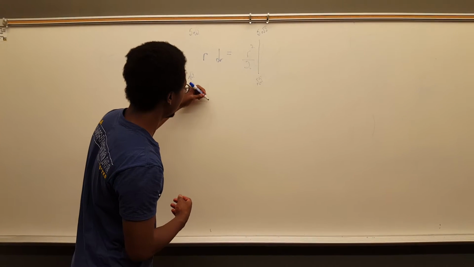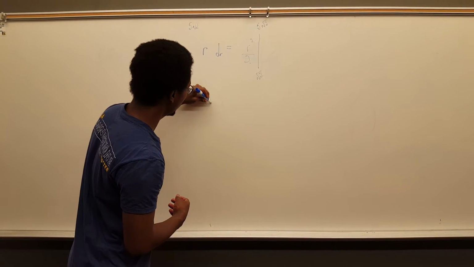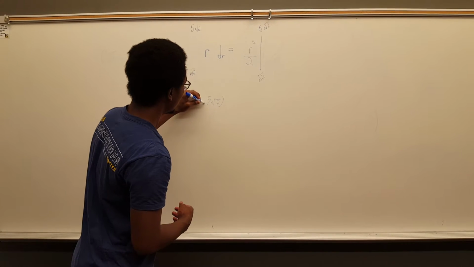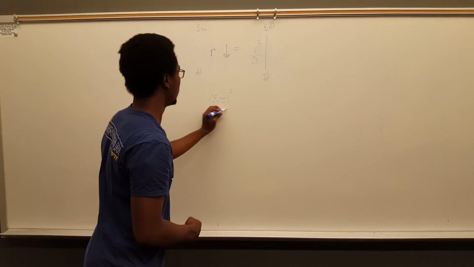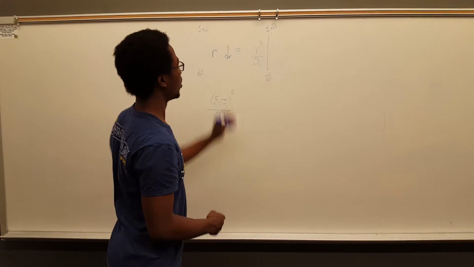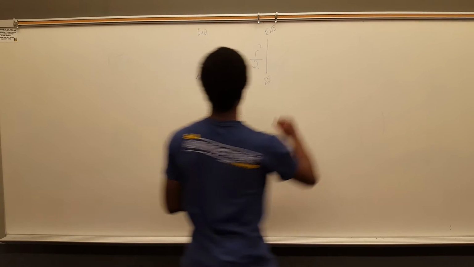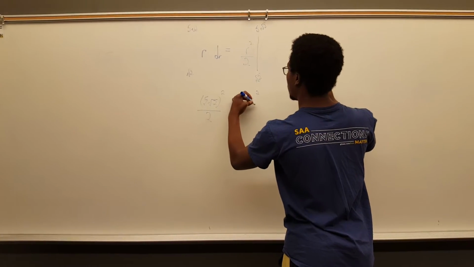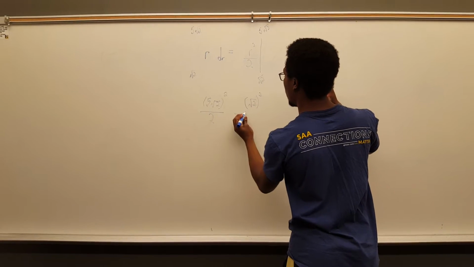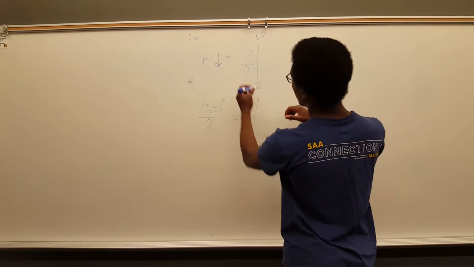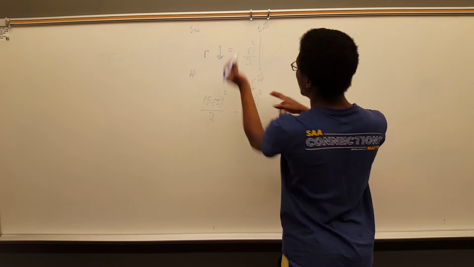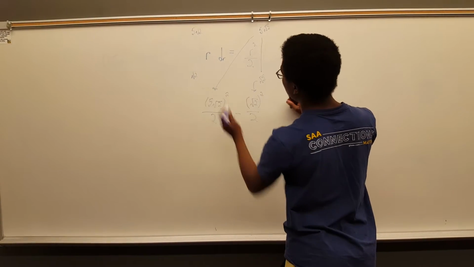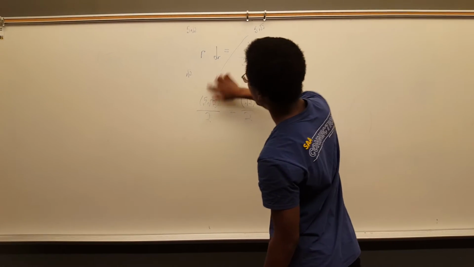We have 5 square root of 2, squared, divided by 2. That's the top boundary. Minus the square root of 2 by itself, squared, divided by 2. That's the bottom boundary. So that's how that's done.